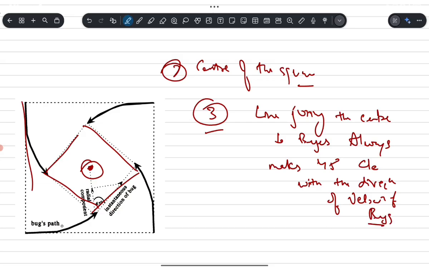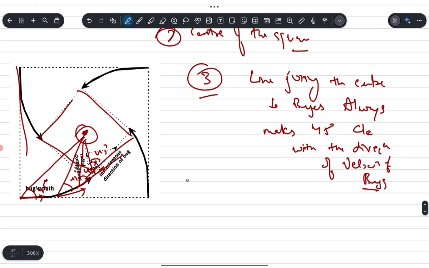Now what is this? This is the line that I'm talking about. In the beginning, since it was a 45-degree angle with the direction of the velocity, at any instant it will be preserved. Everything in symmetry is preserved. So at any instant it's going to be 45 degrees.